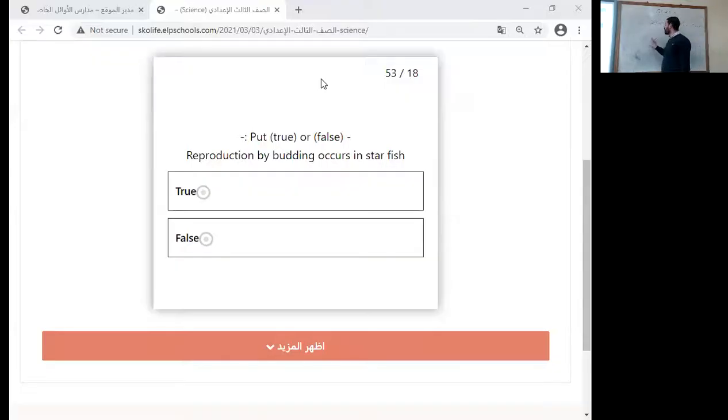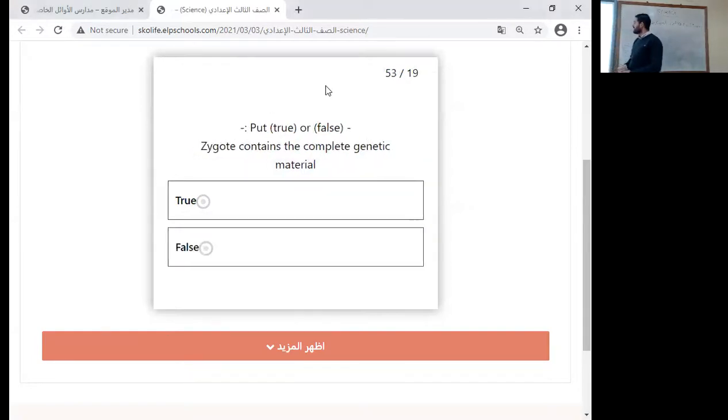So reproduction by budding occurs in starfish. The answer is false. This is by regeneration.